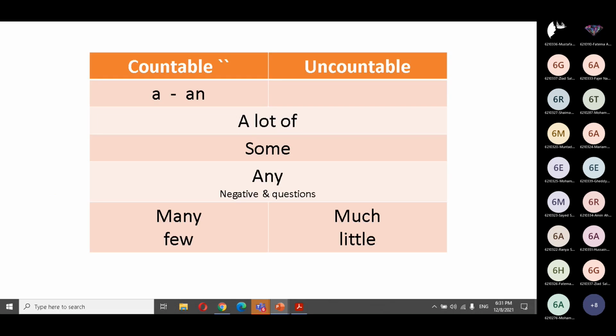So if you look at this, we said we have countable and we have uncountable nouns, right? A or an.